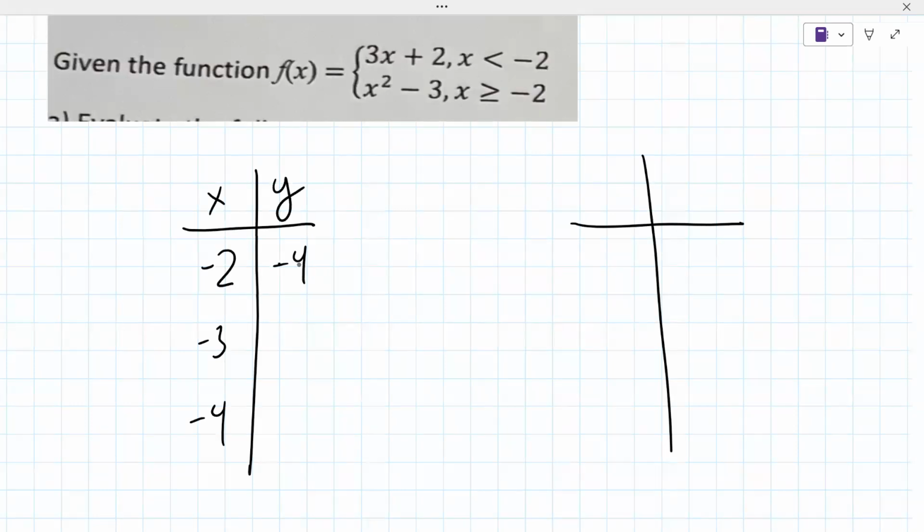Hold on, sorry. -9, -8, -7. So -3, comma -7. -12. So -4, comma -10. All right. Is it an open or closed circle at the first one? Open. Open, and then the others are filled in.